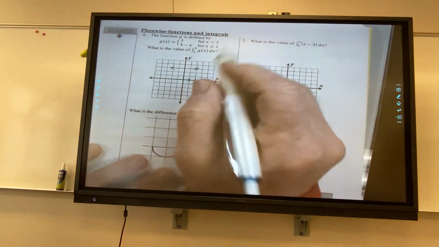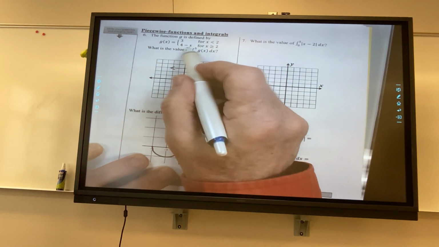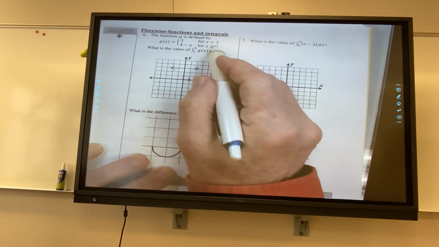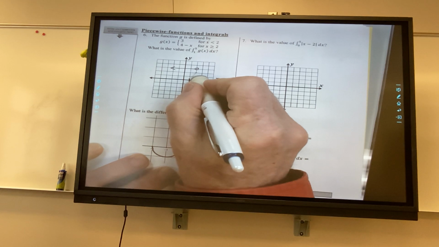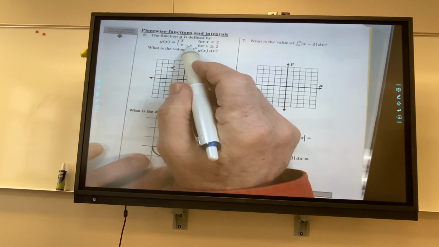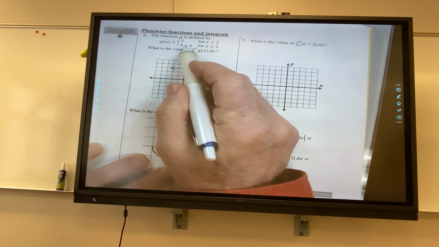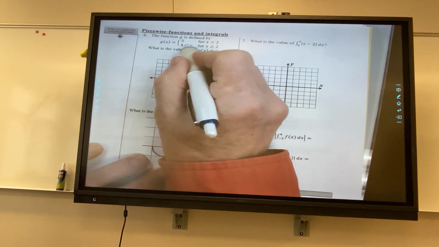Okay? Right here, can I put 2 into here? Yeah. And when I put 2 into there, I get what? 2. And I can have a closed one, and it has a slope of what? 1. Or, could I write this as plus a negative x?